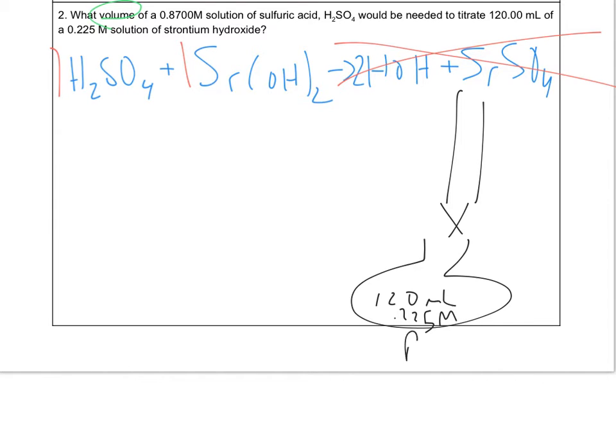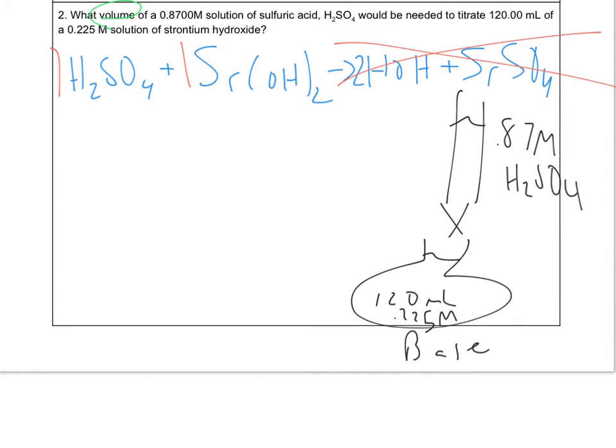This is the base down here. And up here we've got sulfuric acid. That's 0.87 molar H2SO4. So we got 0.87 and we got 0.225.